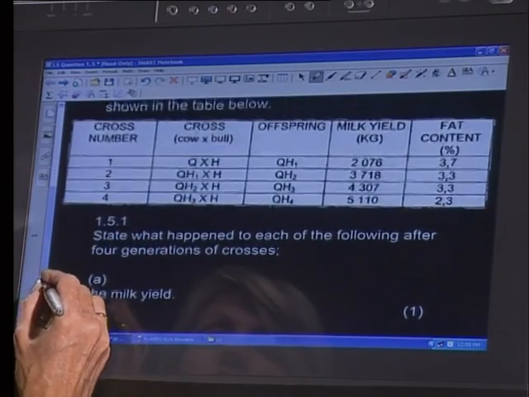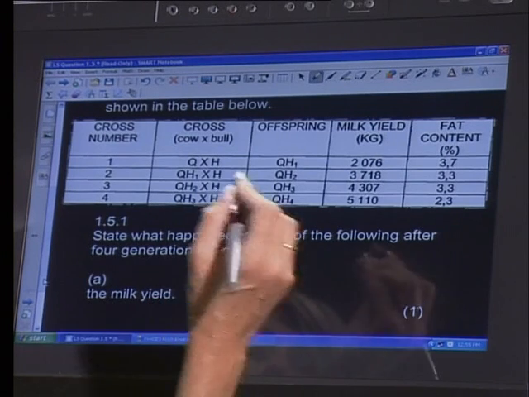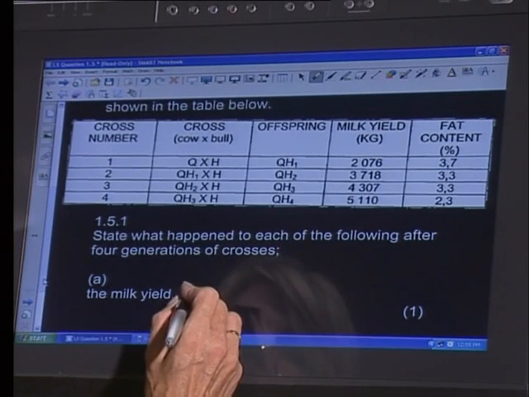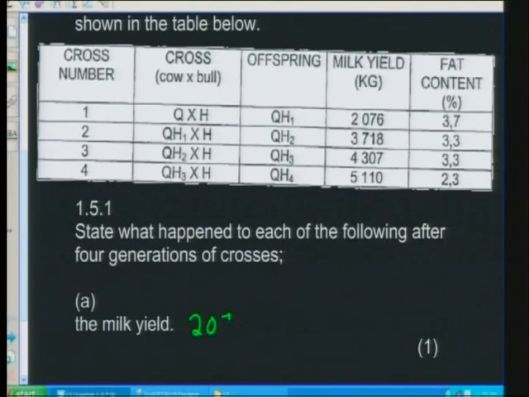Okay, state what happened to each of the following after four generations of crosses. So we're going to talk about the milk yield. Well, the milk yield went from 2,076 kilograms and it increased to 5,110 kilograms. All right, so it more than doubled the milk yield.